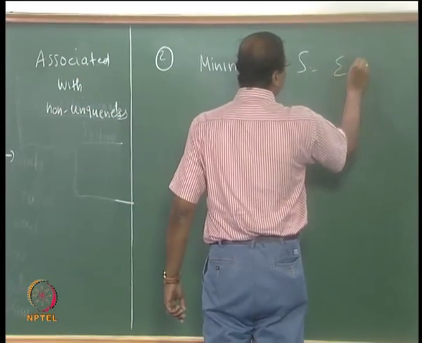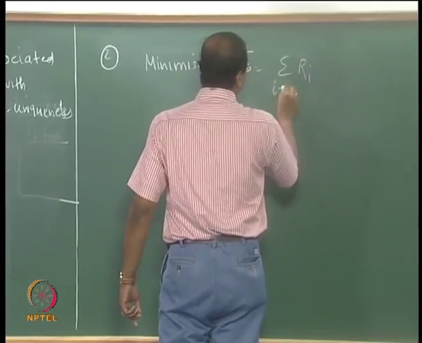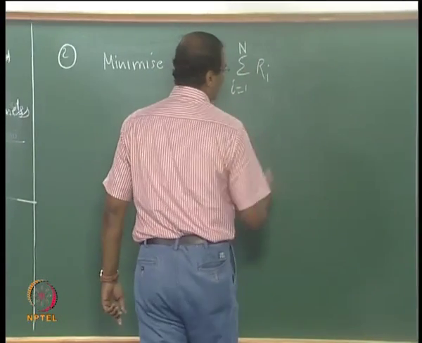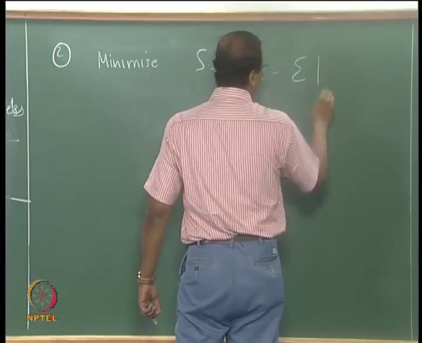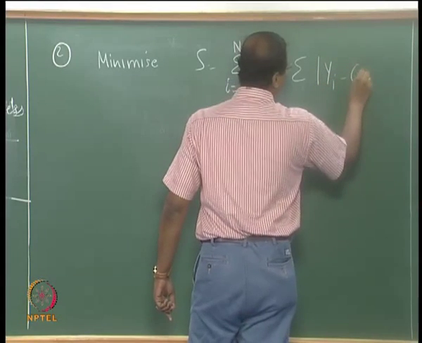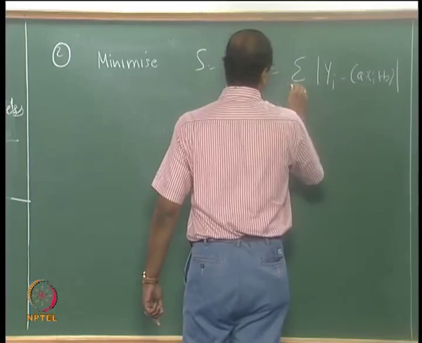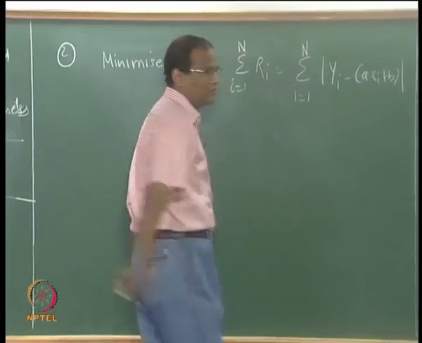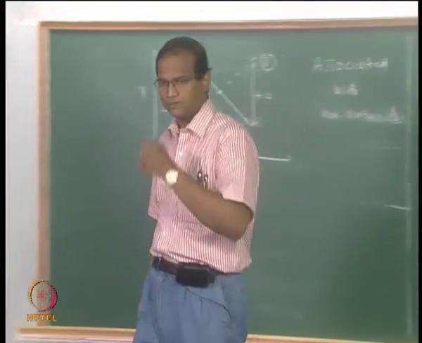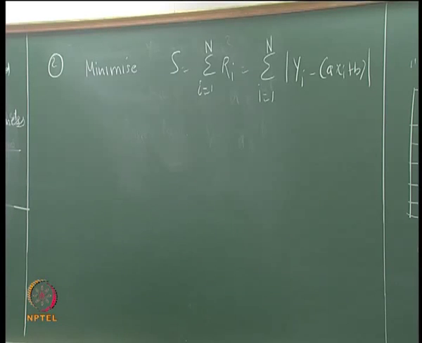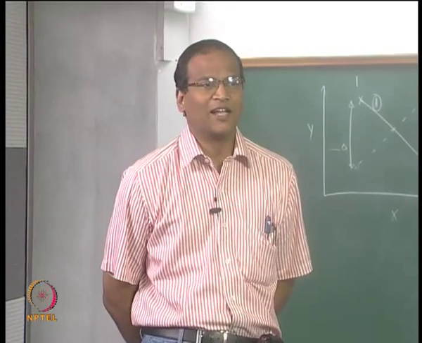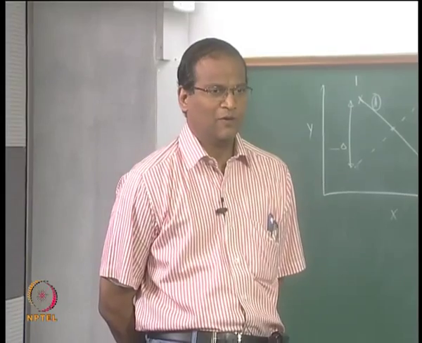I can again put, shall we do this? Looks better. Okay, I am minimizing the modulus. Now the large negative and large positive cannot cancel out each other. What is the problem with this?